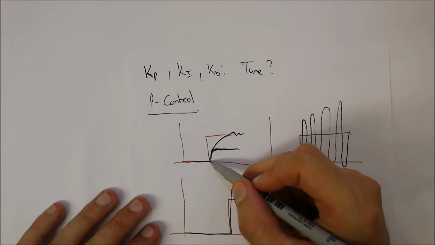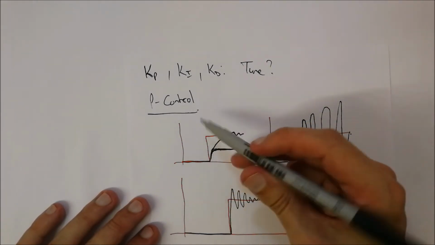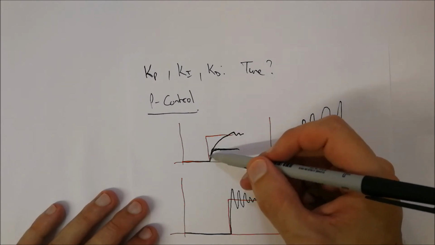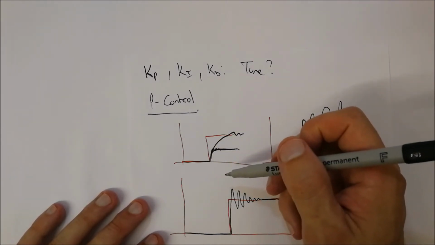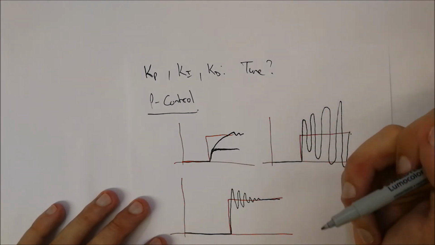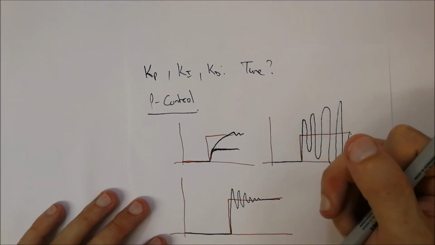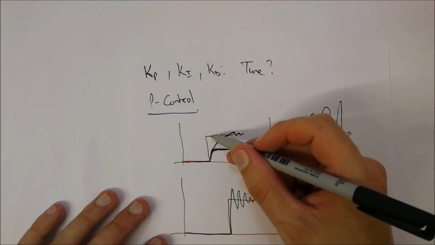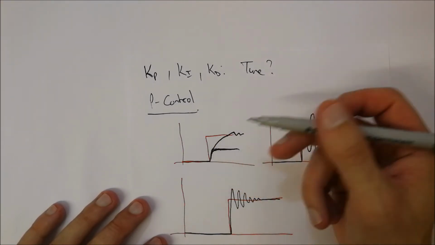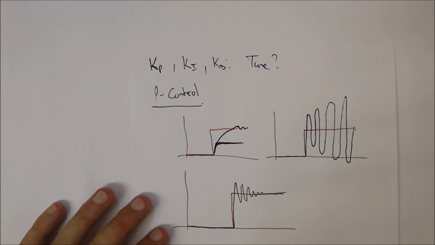So you want your KP value to be as high as possible so you can reach that set point. As I mentioned, with proportional control the output is proportional to the error. So you want to reach that set point as quickly as possible, and that's what you do with your P controller.